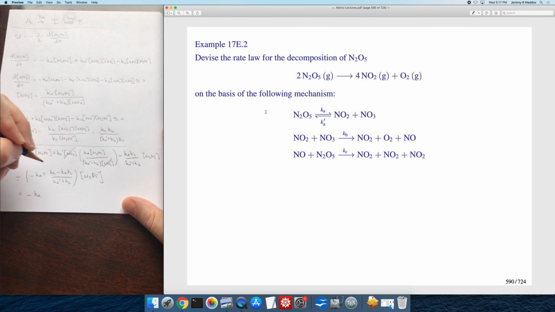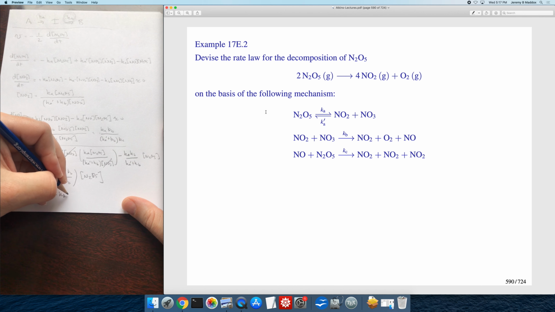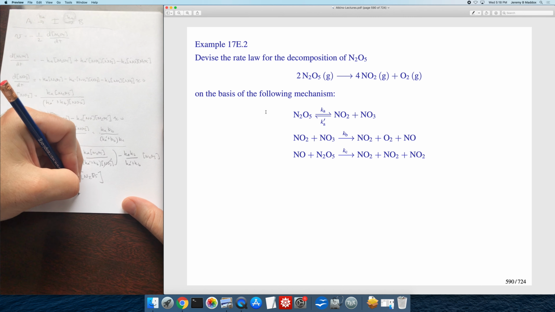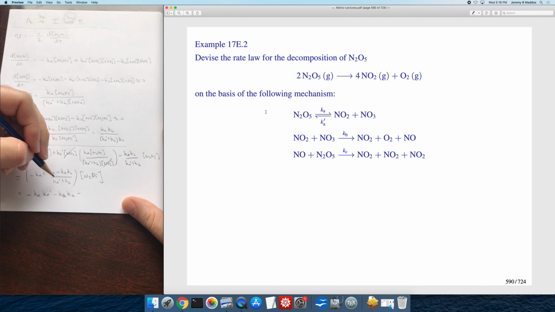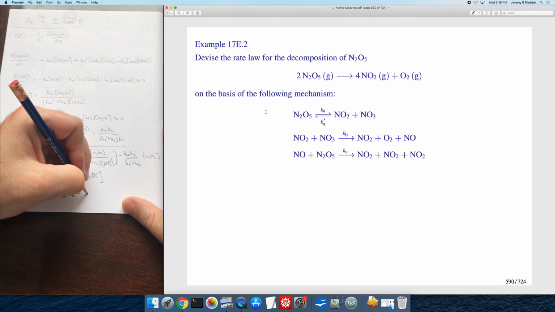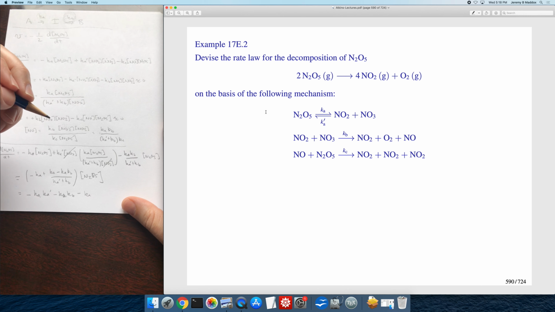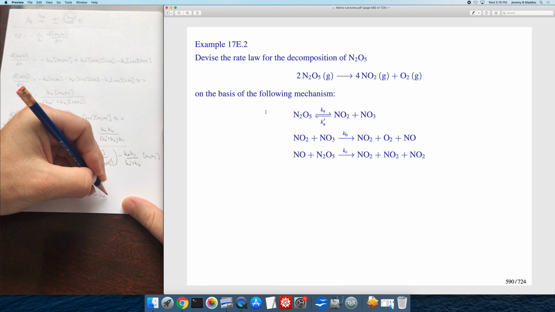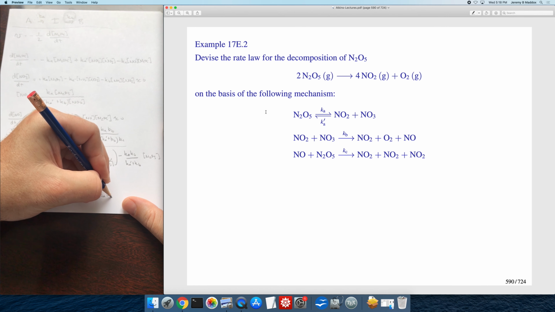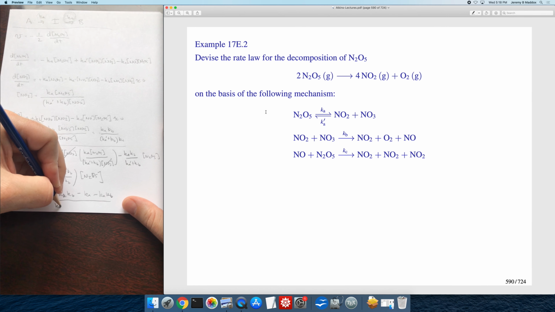So we'll have minus Ka prime minus Kb, minus Ka Kb, minus Ka, minus Ka Kb, all of that over Ka prime plus Kb.